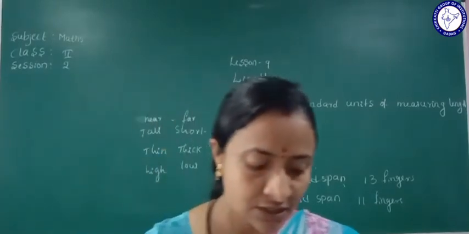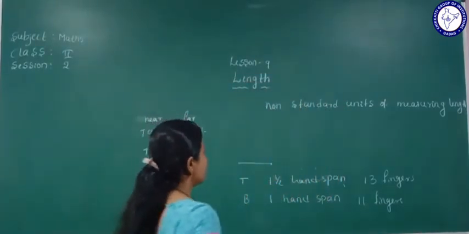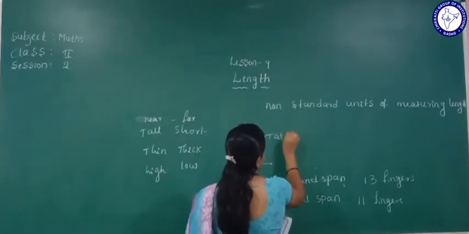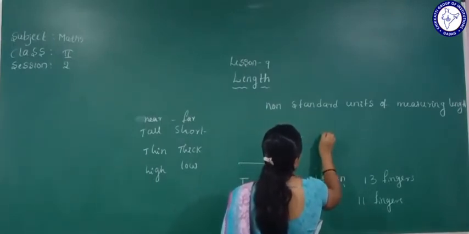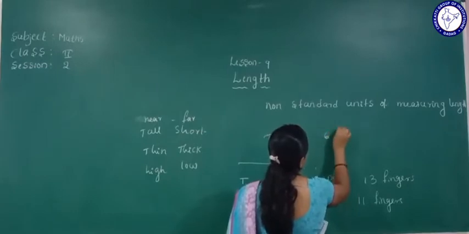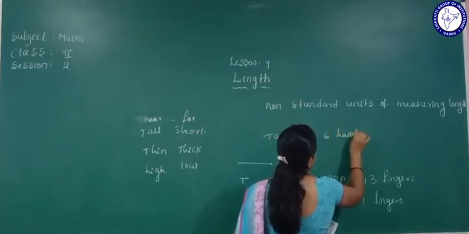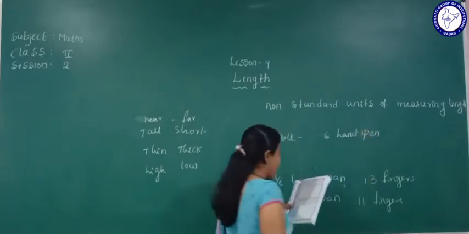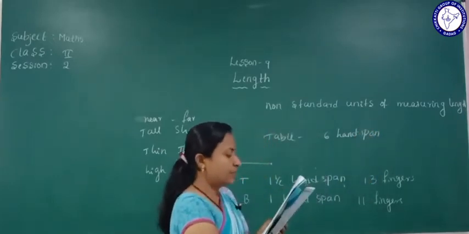So it is 6 handspans, and that's the table measuring.